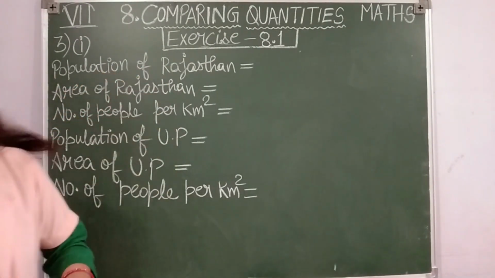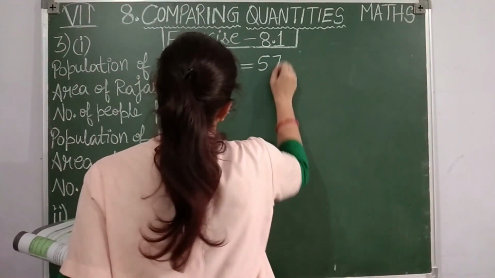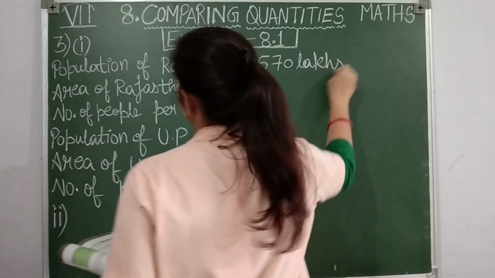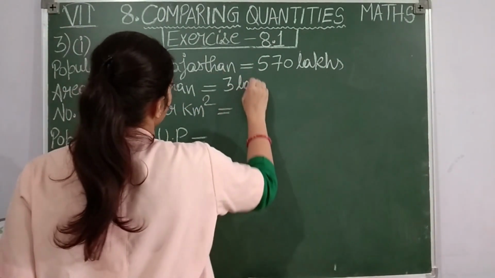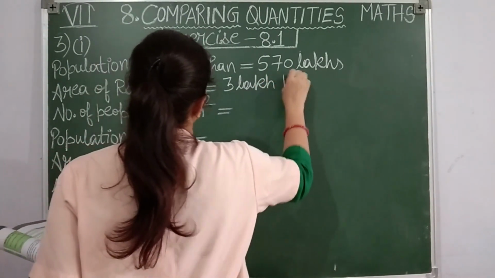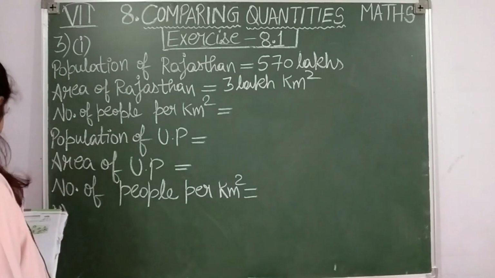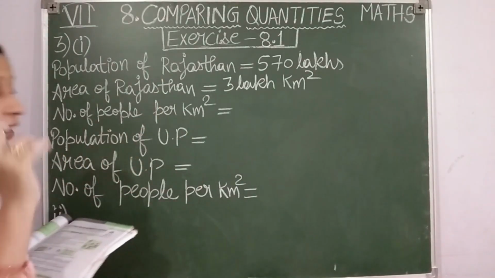Population of Rajasthan is given as 570 lakhs. Let us write 570 lakhs. Okay. Then area of Rajasthan is given as 3 lakh kilometer square. Okay, 3 lakh kilometer square. Now number of people per kilometer square. How many people live in 1 kilometer square?